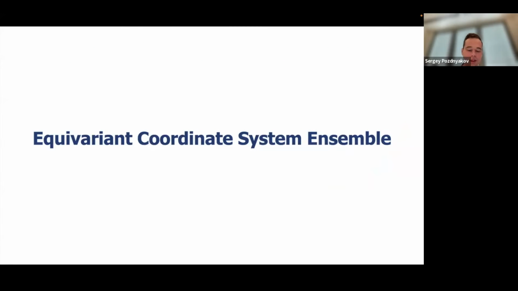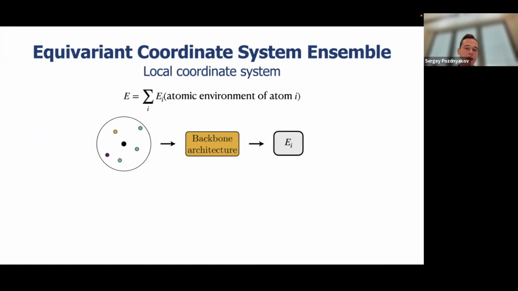So now I go to the second part of my talk, which is the actual definition of our method, which is called equivariant coordinate system ensemble. The first thing I have to say is that I will stick to the so-called additive ansatz.